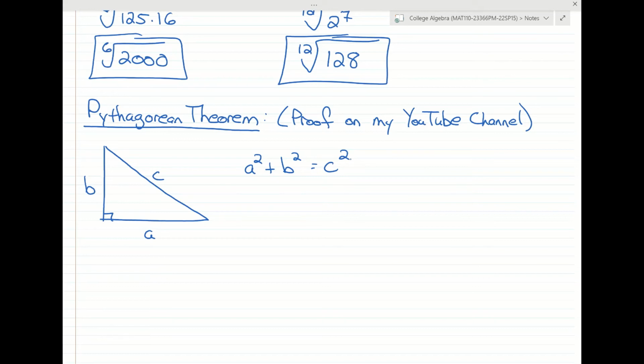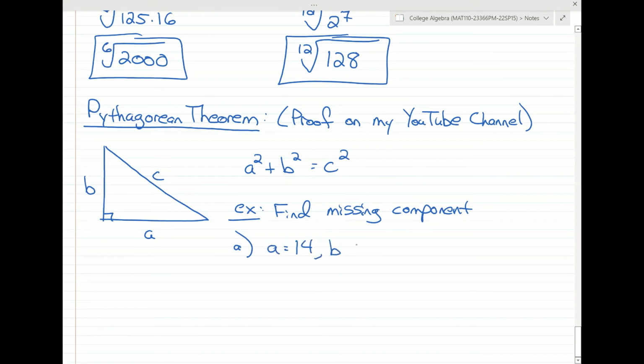So a couple examples using this. Examples here. If I told you that A was 14, B was 14, and I asked you to find C.